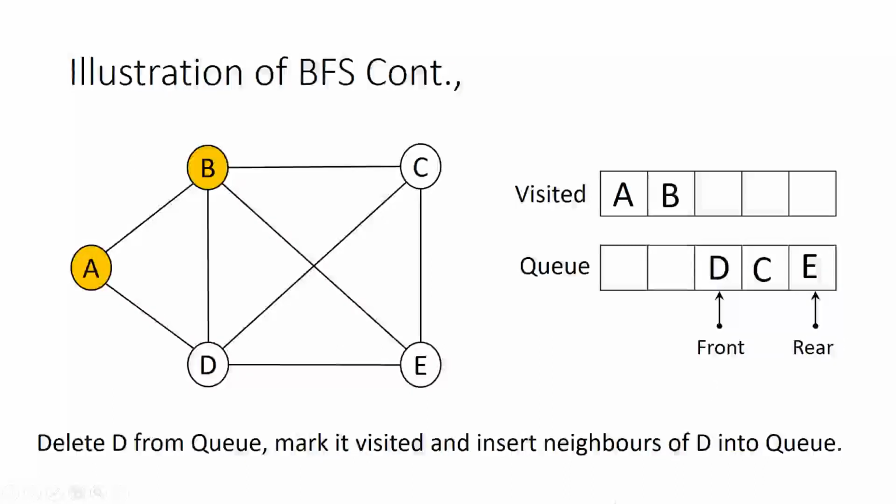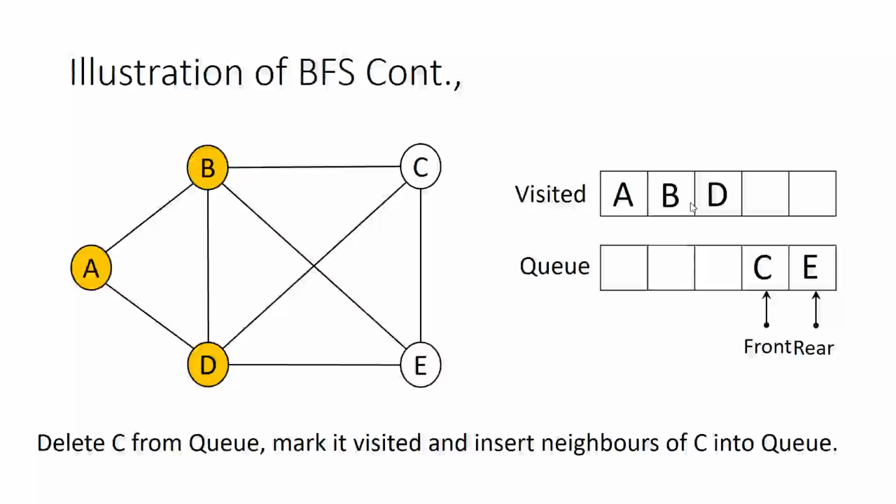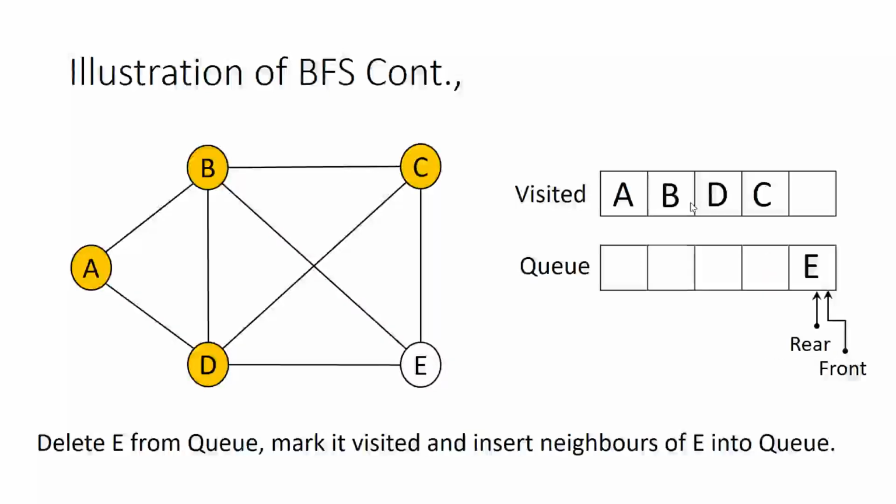We write this because it is the common procedure, but in this particular example, D can just be deleted and inserted into the visited array. Similarly, next C will be deleted, then E will be deleted. When you delete E, front goes beyond the queue size.